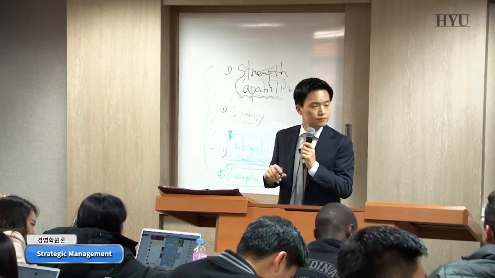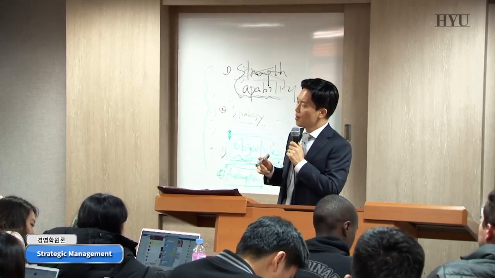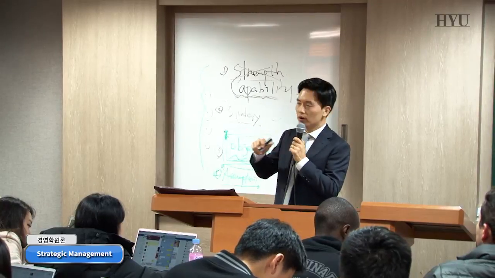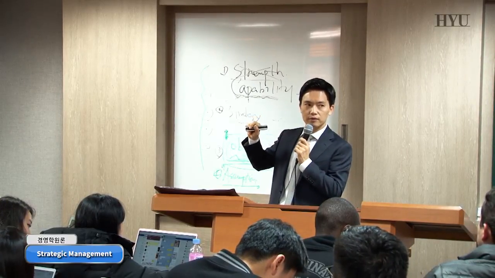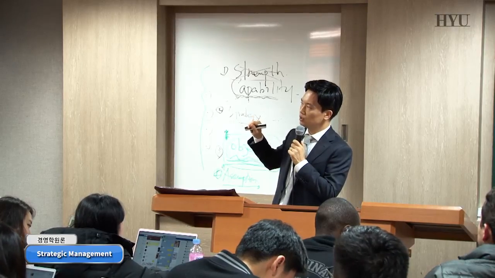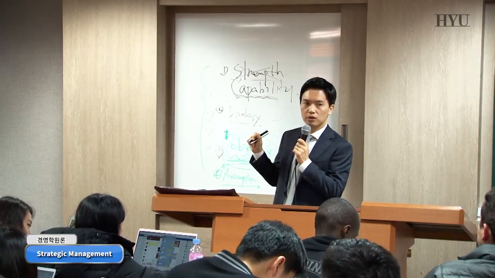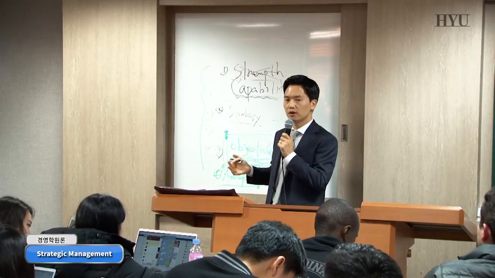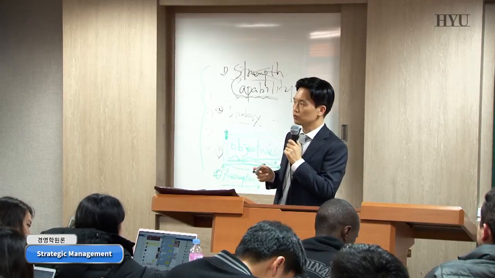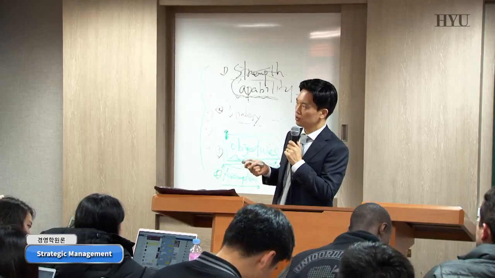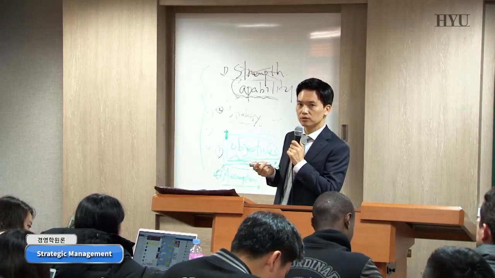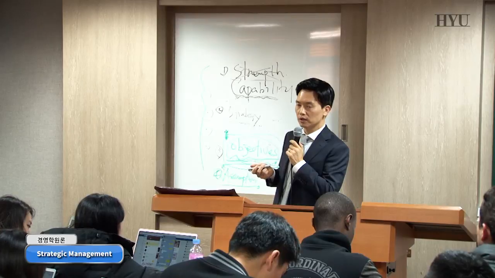Just remember, this map is what I call a value chain. This framework is not only used for internal analysis, like identifying your strengths and weaknesses, but is also used a lot in many other strategic decision making.